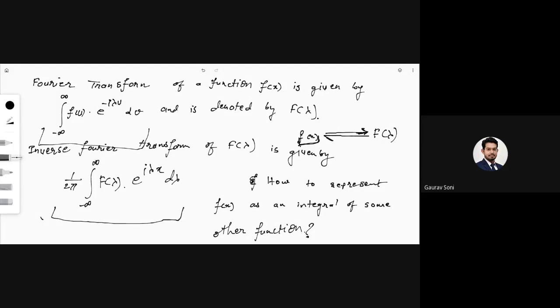Anyone? So this same thing is called Fourier integral representation of a function f of x. So I want to express f of x as an integration of something. How can you do that? No one.